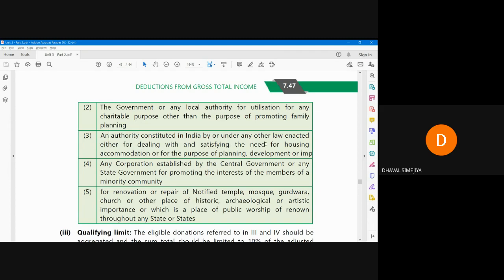You are supposed to remember this line only: any need to be satisfied for housing accommodation, then it will be 50% allowed as deduction, but subject to qualifying limit.